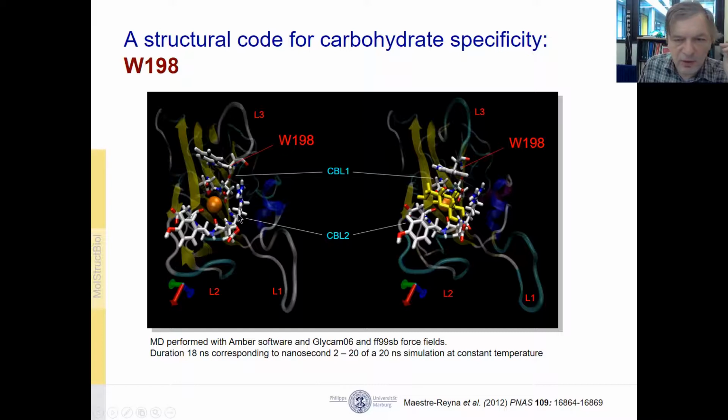It's a tryptophan, and it's packing pretty close to the galactose. And when you look for conservation in other Candida-related species, you find tryptophan, sometimes a tyrosine residue. The question was, what is its role? Clearly, from the structure, you would say it packs somehow, but is it important? So clearly, you can also do some validation. Let's see where it goes.